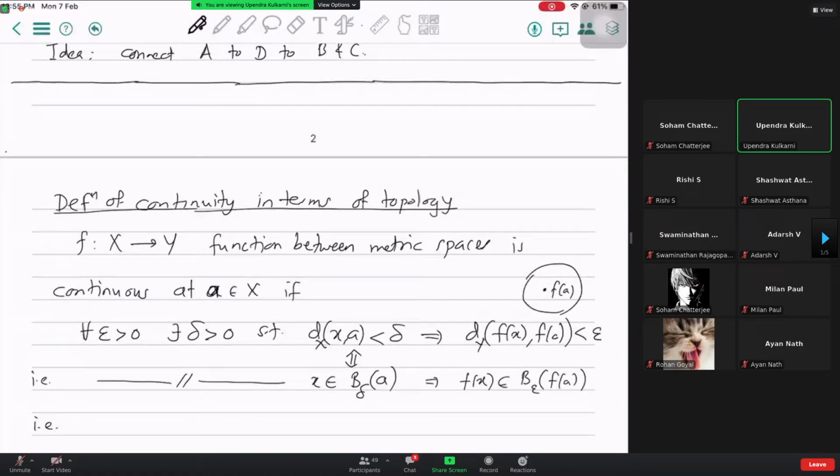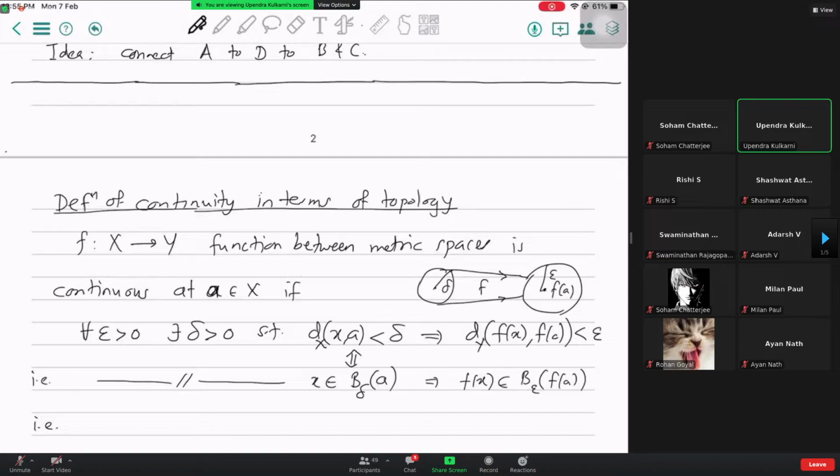I'm given an epsilon ball around f of A. And my task is to find a ball around A. I don't care what delta is, as long as it's a positive number, such that by means of f, all of this is mapped to this ball. In other words, given any ball around the target point, I can find a ball all of which is sent inside my target ball.